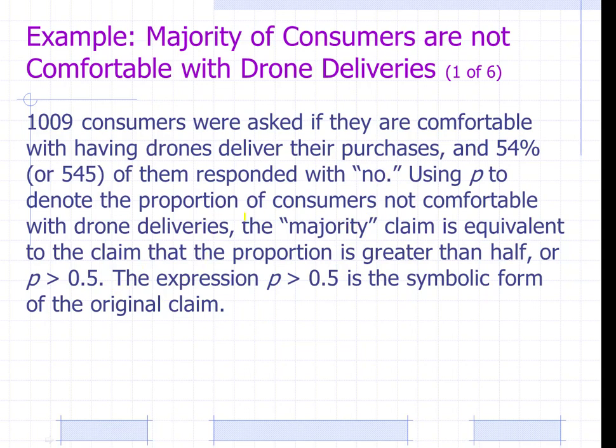It says not comfortable with drone deliveries, and our statement is that the majority. So when we talk about majority, we are talking about more than half. Now, look at that statement. That's our claim. Which kind of hypothesis is that?